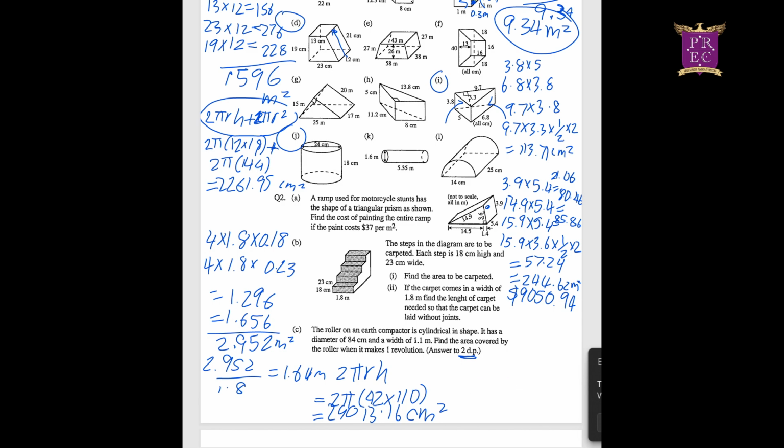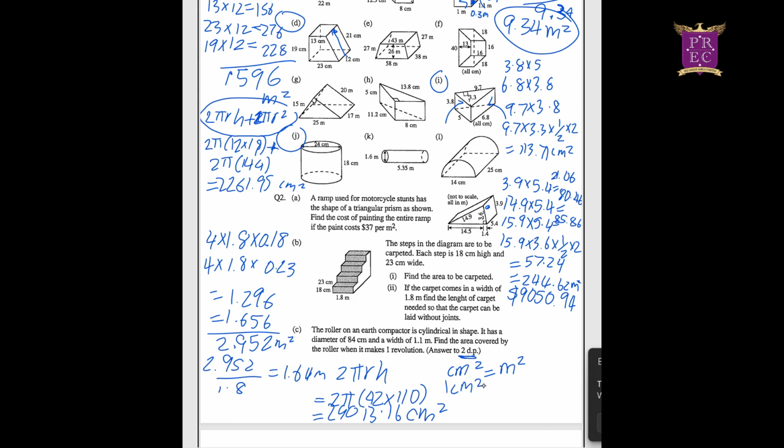If we were to convert square centimeters to square meters, what do we need to do? We need to divide it by 10,000, because 1 square meter is 10,000 square centimeters. Okay, so we divide this number by 10,000. 29,013.16 divided by 10,000 gives us 2.90 square meters. Okay, just jump the decimal place 4 times to the left, and this is our final answer.